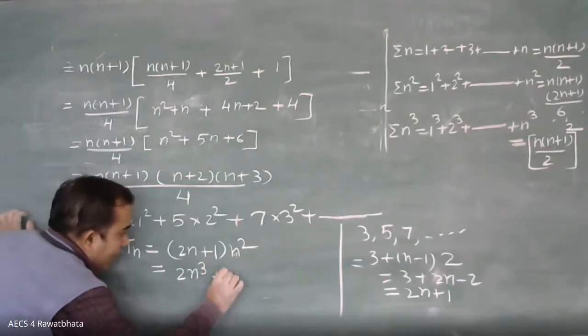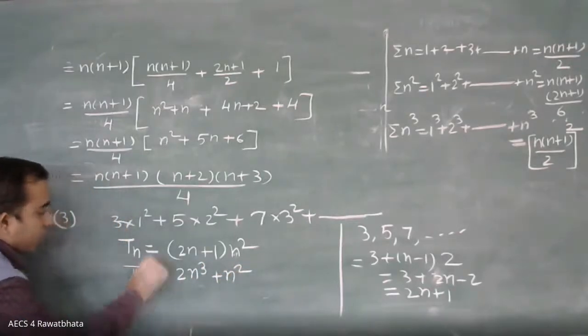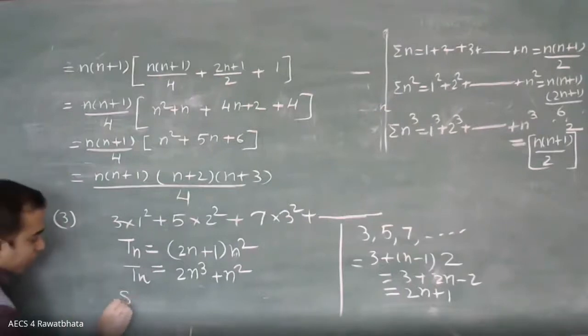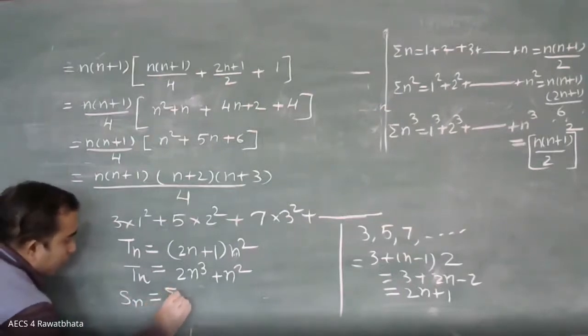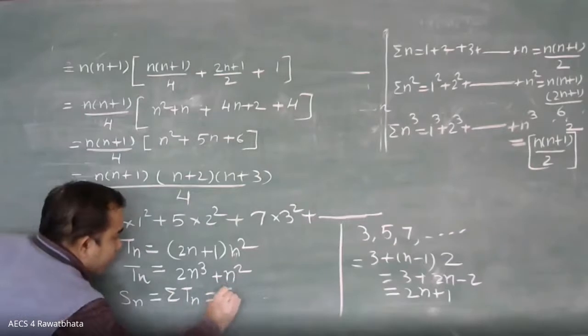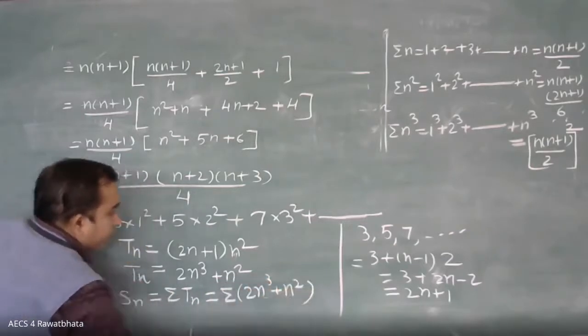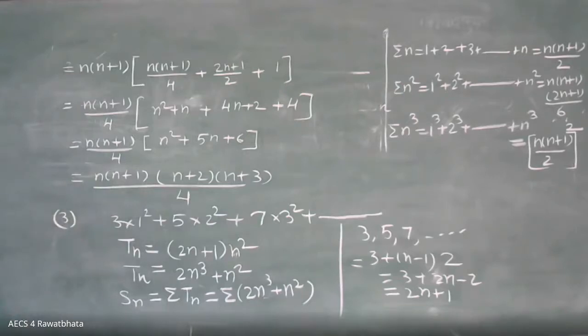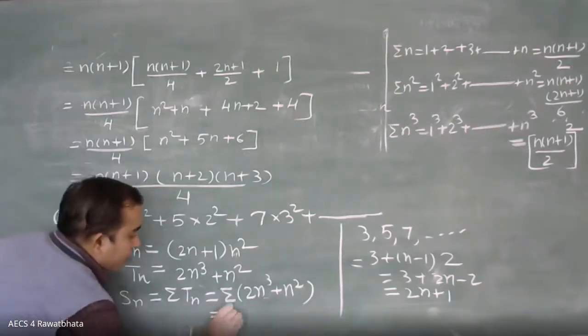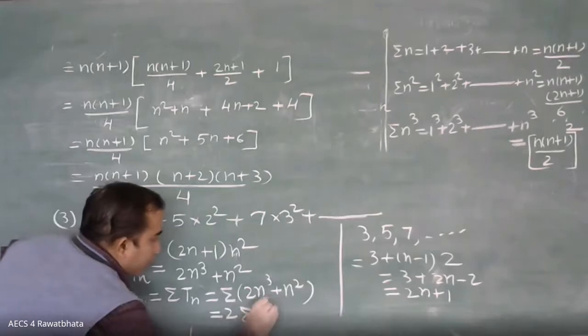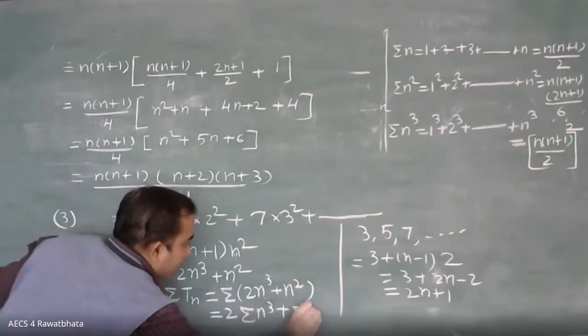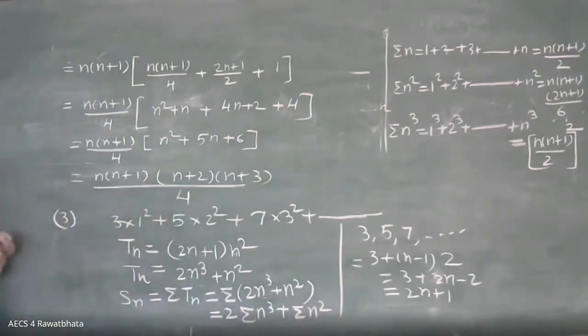2n cube plus n square, and then Sn will become summation Tn, means summation of 2n cube plus n square. Okay, and distribute the summation sign. So this will become 2 sigma n cube plus sigma n square.